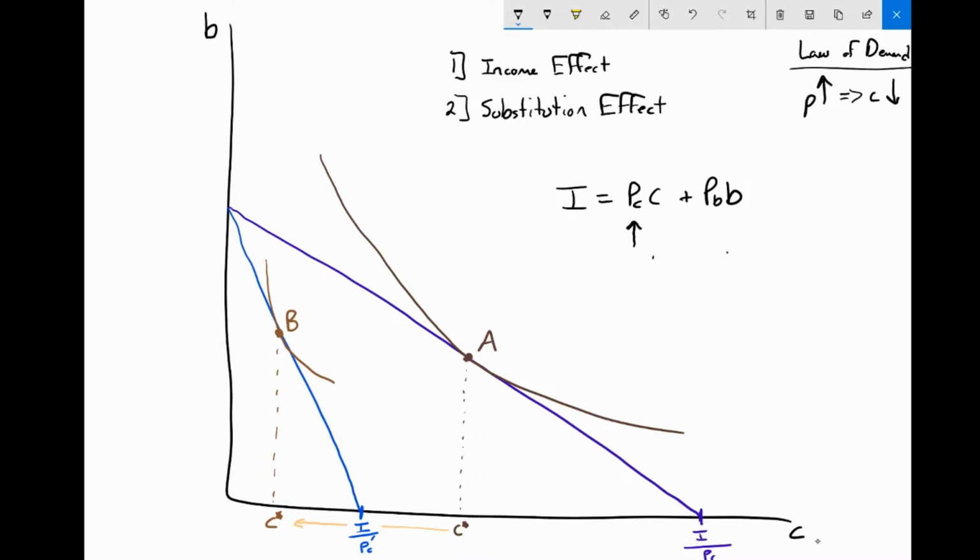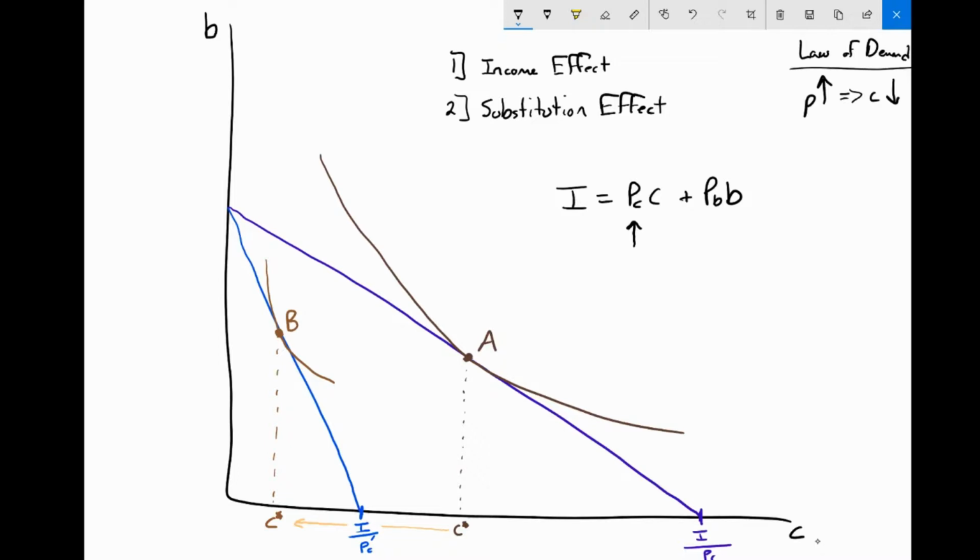That's the income effect. The income effect is that I have less buying power. But now, if we look at it more carefully, the income effect is going to be influenced by whether a good is a normal good or an inferior good. We're going to explore that in greater detail later in the lecture.